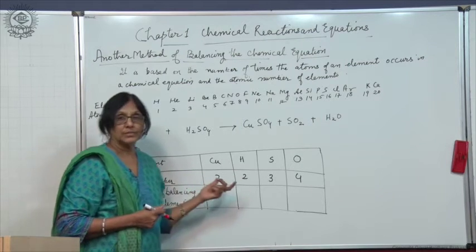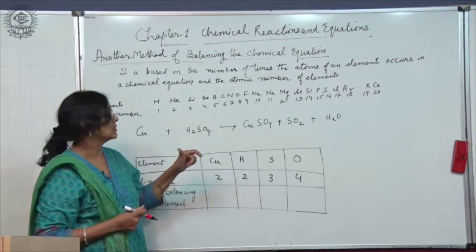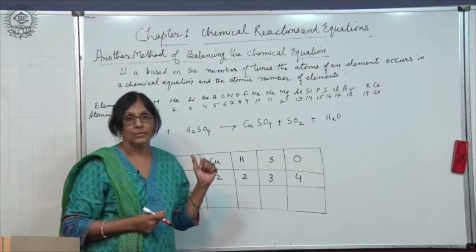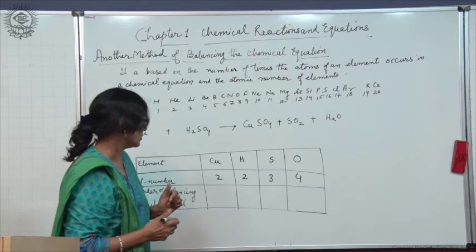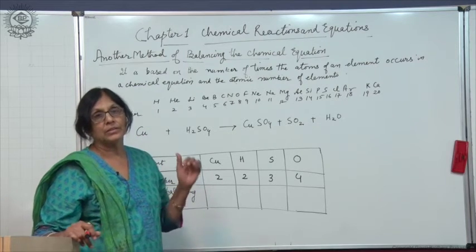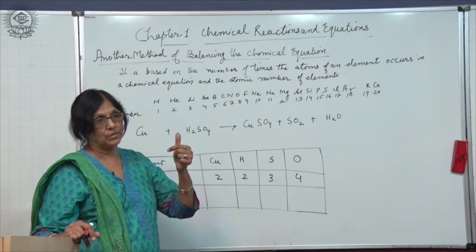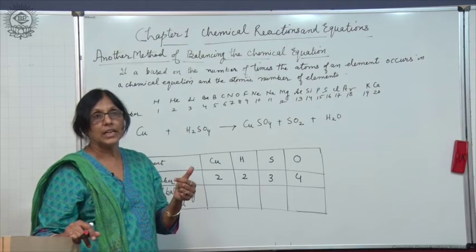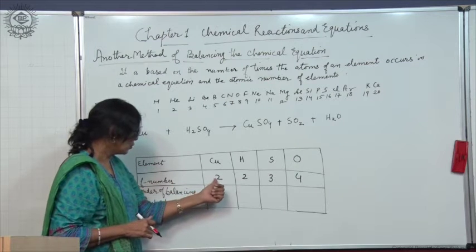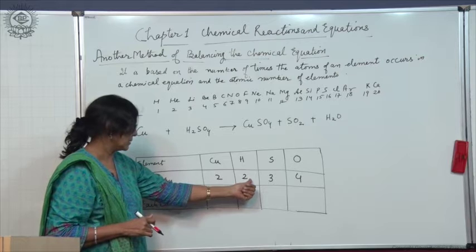After doing this, we have to find out in which order we have to balance these atoms in the chemical equation. Now, how do we find out in which order we should start balancing? For this, we should start balancing the chemical equation from that atom of an element which has the least frequency number. The least frequency number here is 2, but hydrogen also has the least frequency number 2.